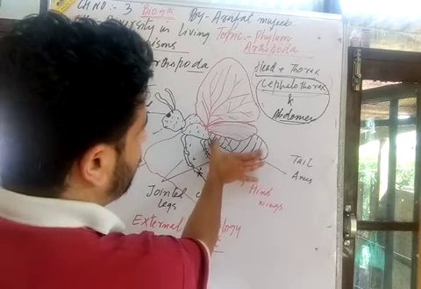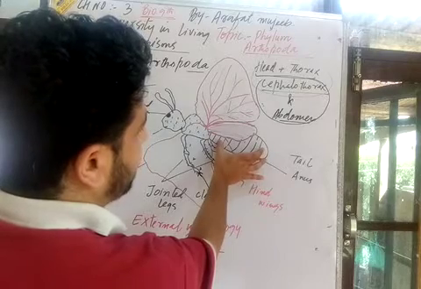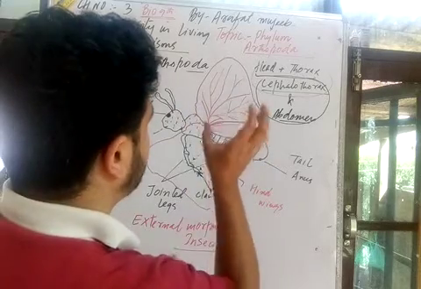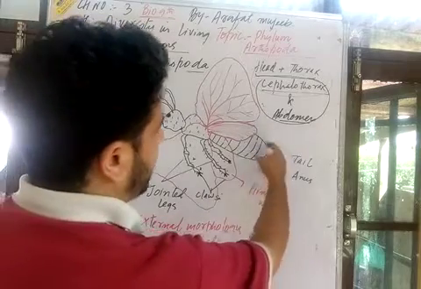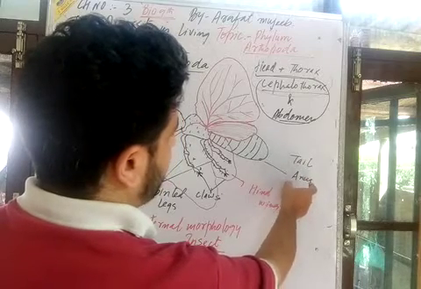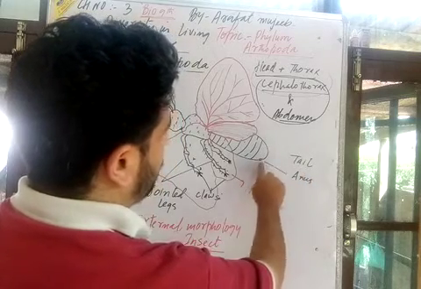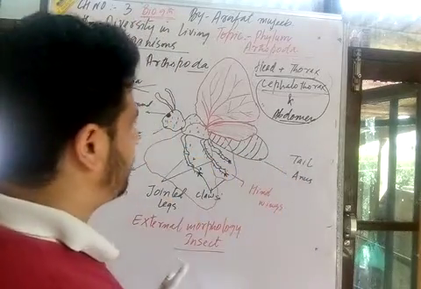And this is the abdomen part, and it is without legs, without appendages. At the tail part of the abdomen, there is an opening known as the anus, for the excretion purpose.